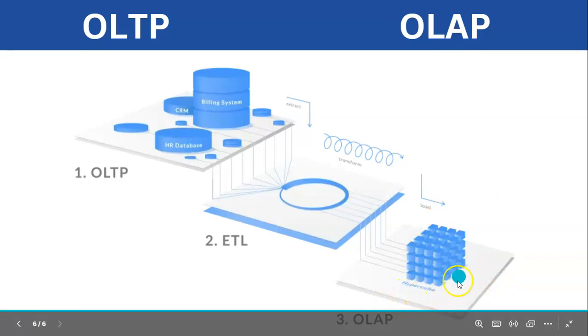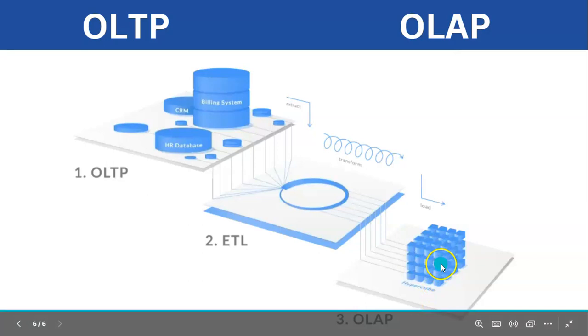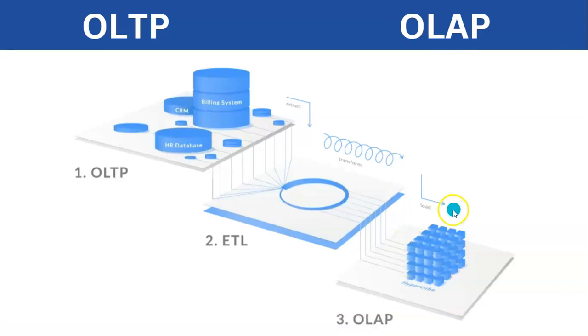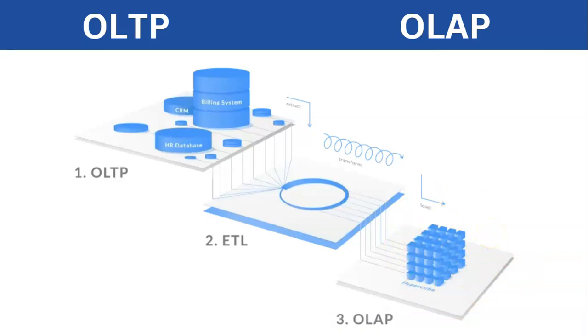As you can see, it is mentioned as a hypercube. Hypercube means it has multiple possibilities: we can look at the data from multiple points of view, like multiple dimensions. One dimension can be this, one can be this. For another cube we can have all three dimensions again, and all edges have multiple dimensions. So we can view the data from multiple perspectives and get multiple insights from the data.